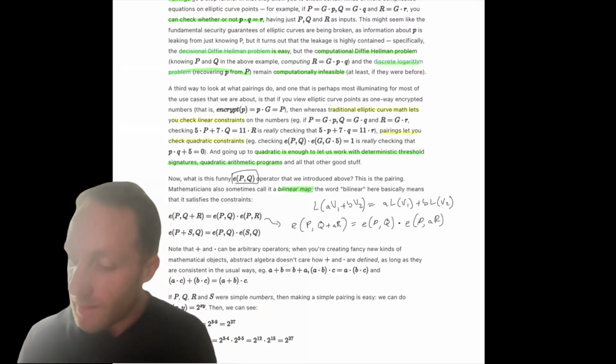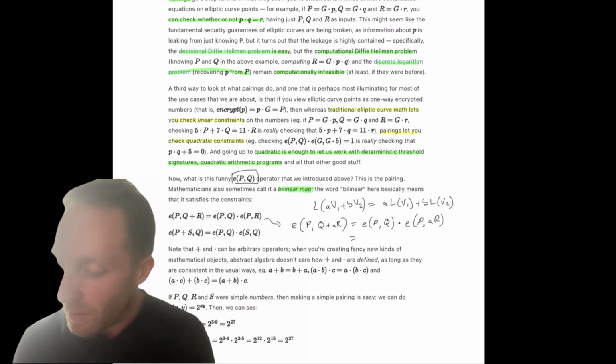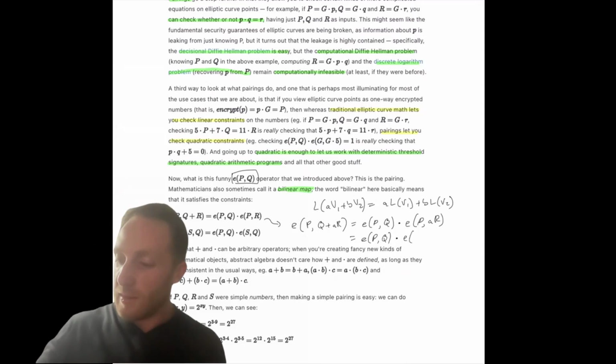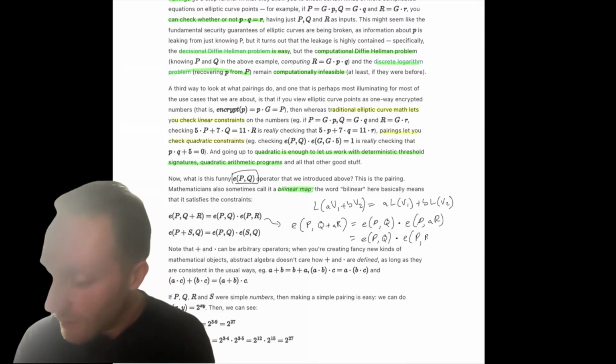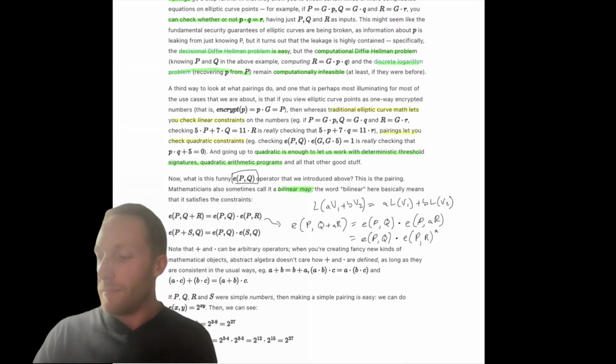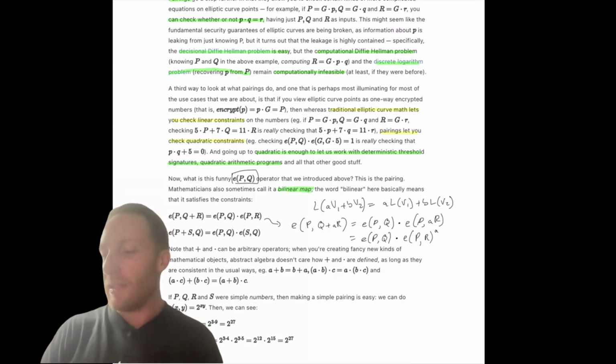And because the pairing also respects the scalar multiplication, you have e(P, R) to the a. Okay, so that's the idea. We'll see that we can do a lot of things with this.